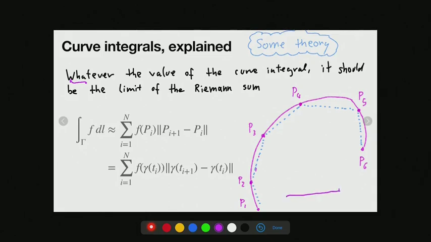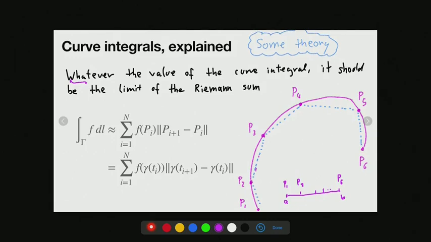Explicitly, I take this interval from a to b and I pick points there. In this case, for example, 6 points.